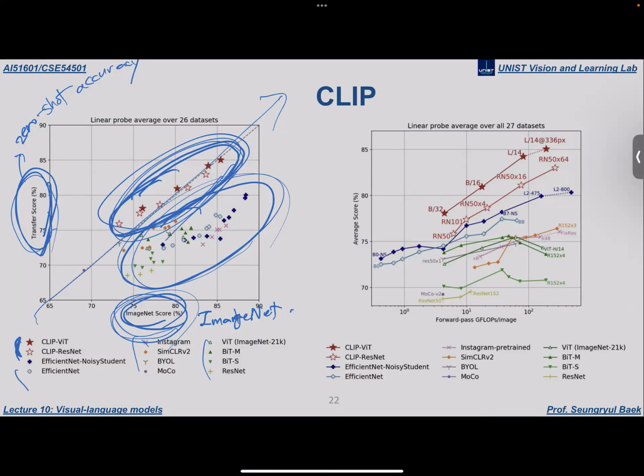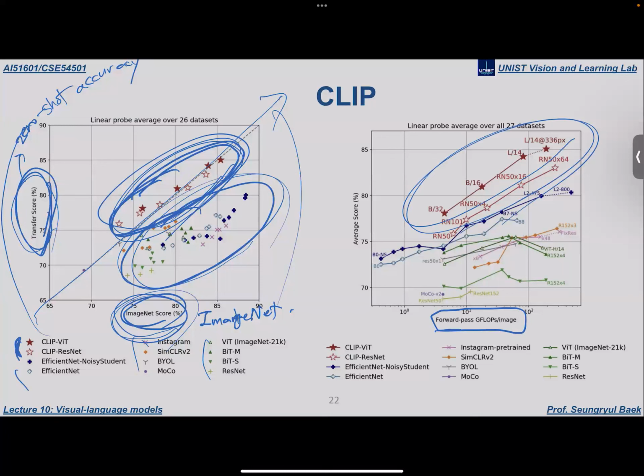By aligning image features to the text features, they can get some generalization ability. So seeing this graph, we can conclude that.